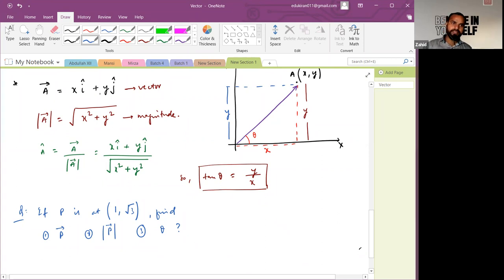Just put all the values in the above expression. You will get all these.